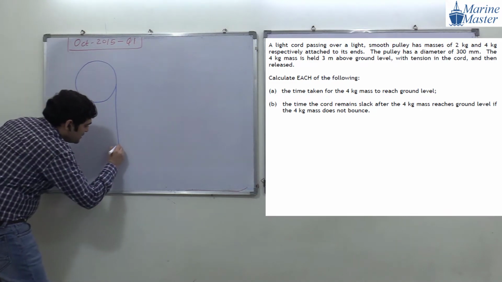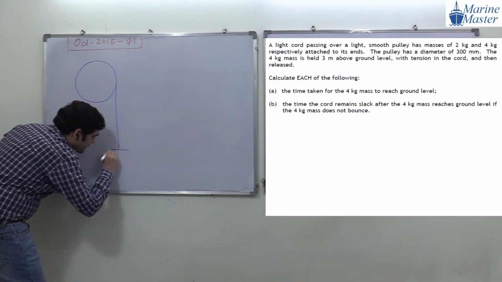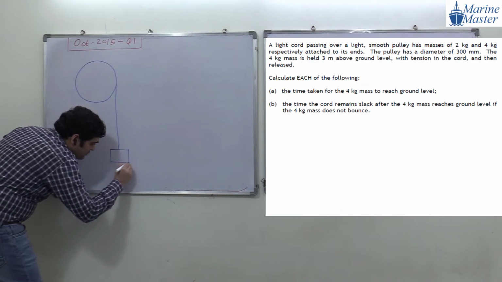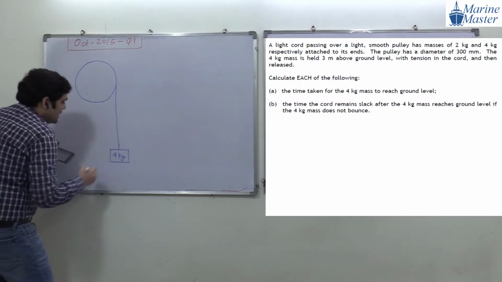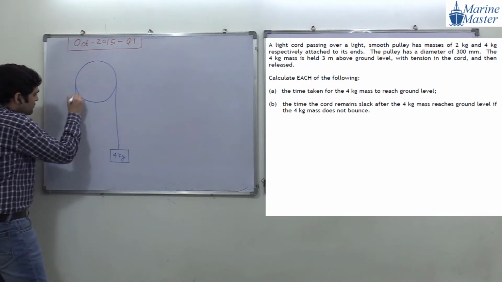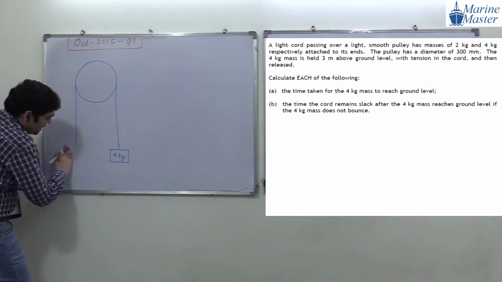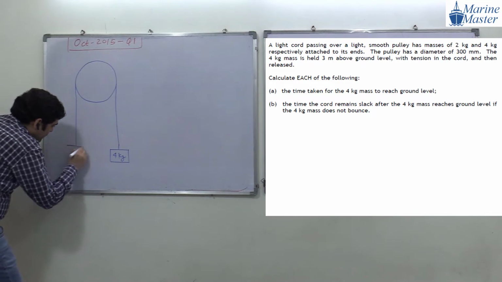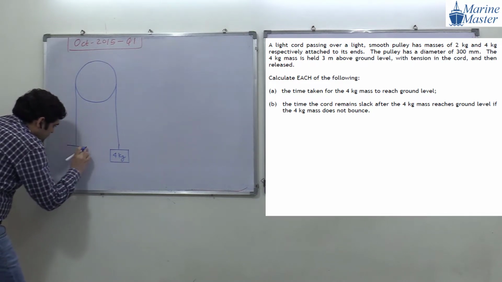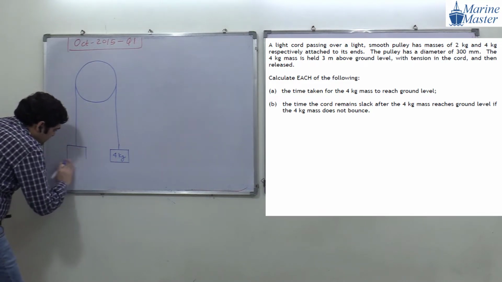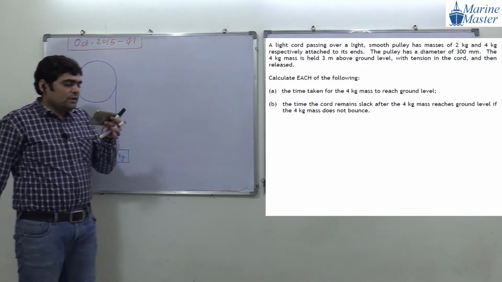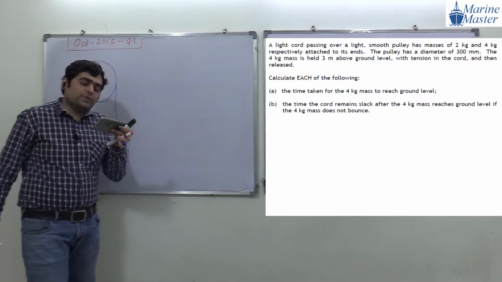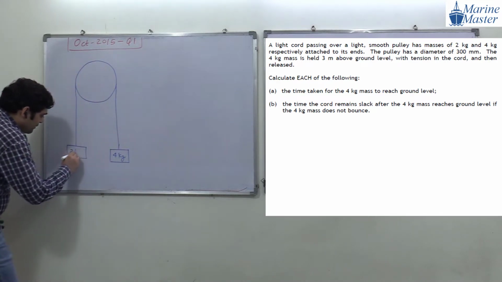Try to see the scenario. This is a 4 kg mass. And on the other side, what do we have? What is the other mass? Can anyone tell me? A 2 kg mass. So here we have a 2 kg mass.